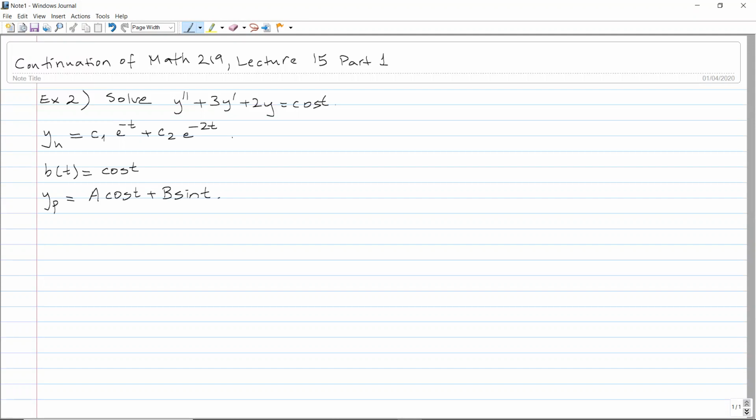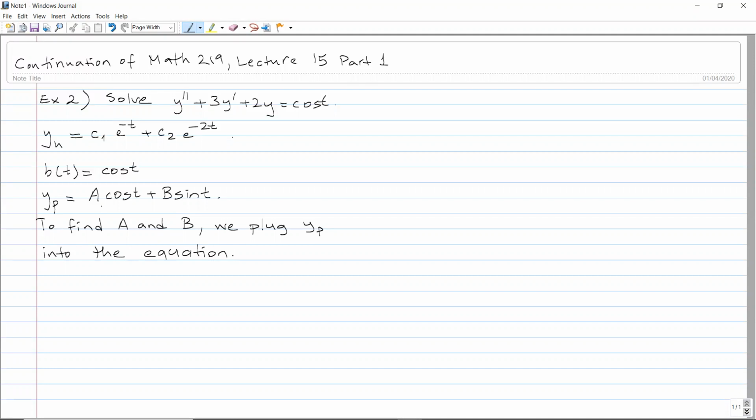Now, to find the coefficients a and b, we plug this yp into the equation. In order to do this, I need to find the first and second derivatives of yp.